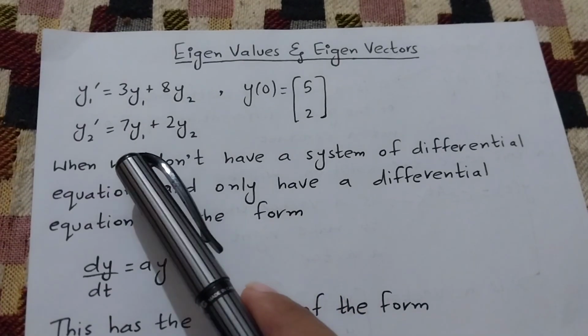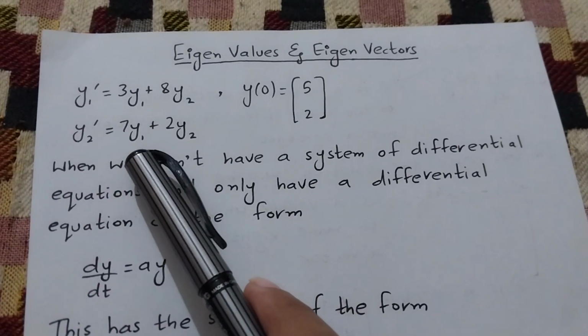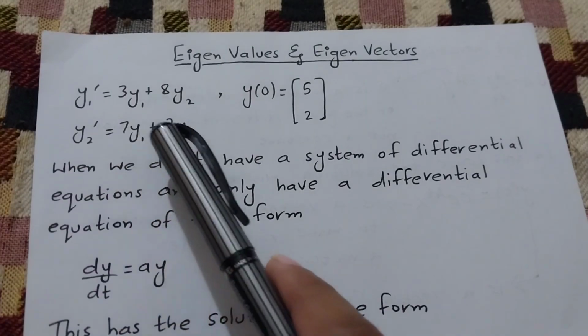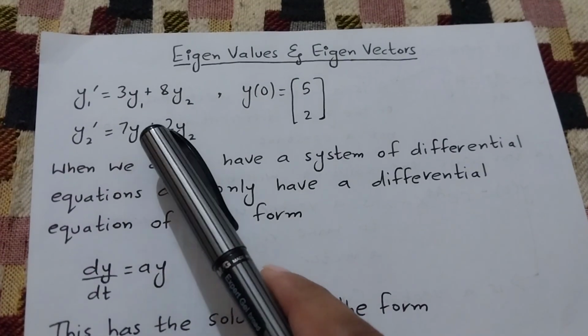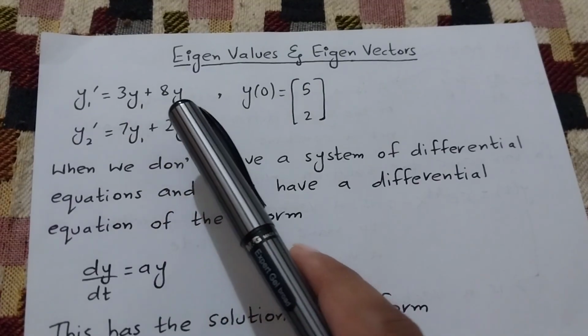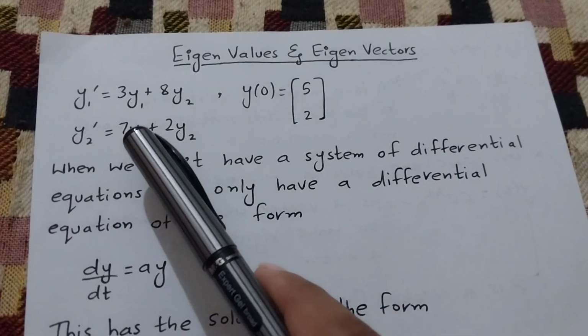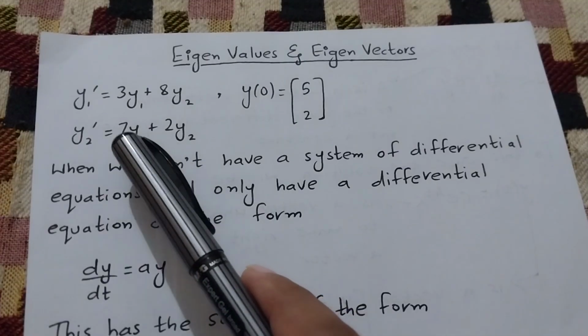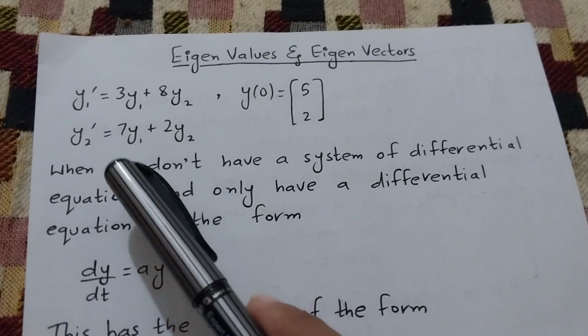But here we have four coefficients multiplied with our unknowns y1 of t and y2 of t. And so basically a coefficient matrix can be made of the coefficients of these two equations.